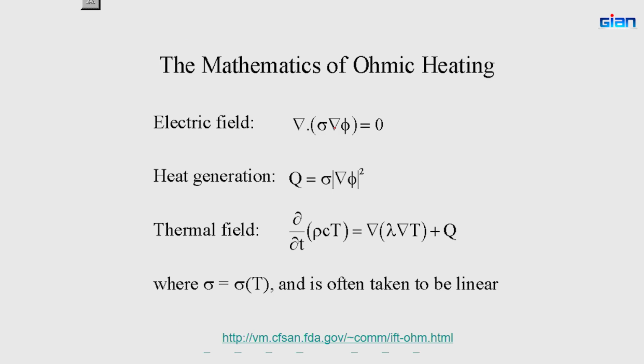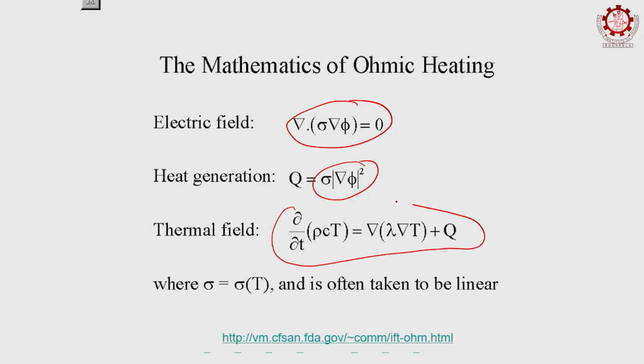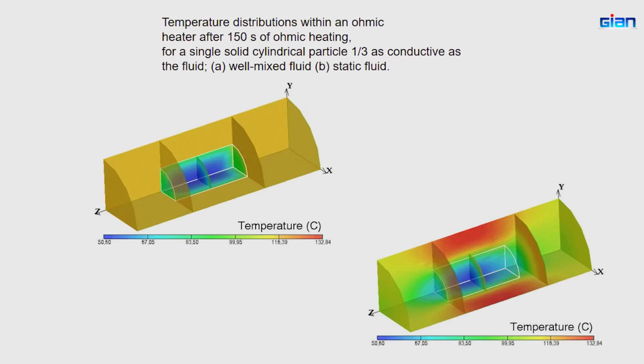Ohmic heating is also a complex process, so you can model it using multiple fields. You have an electrical field, during which you generate a certain voltage, which is your heat generation. Then you have a temperature distribution field, and the details of the models are available in the link shown here.